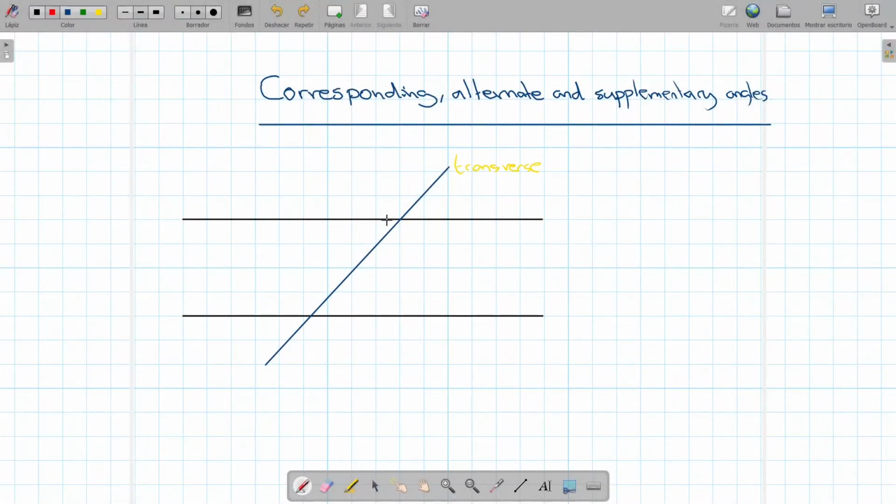Alternate angles. For example, this angle and this angle are alternate angles. Alternate angles are also equal.